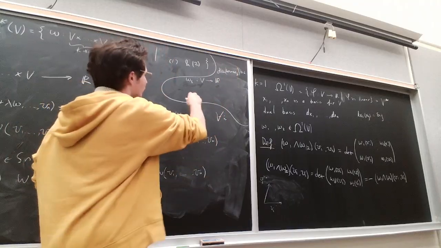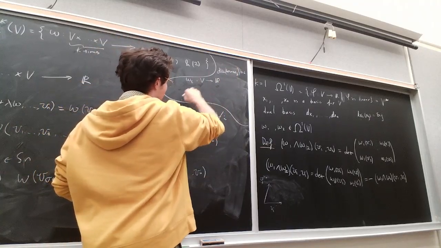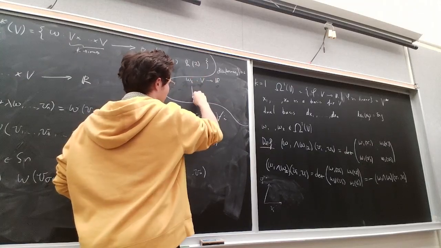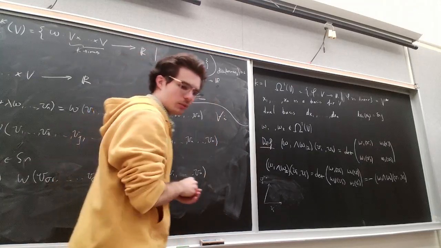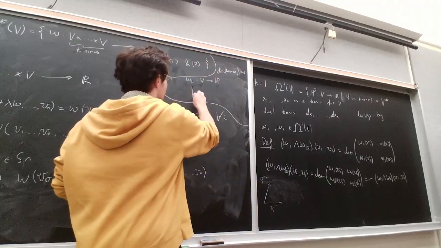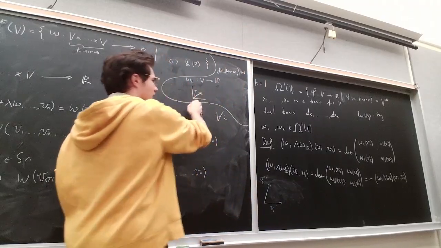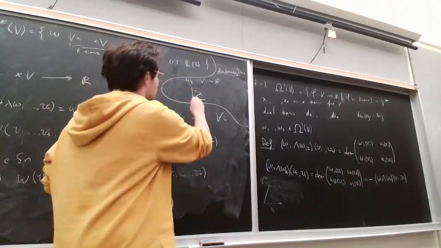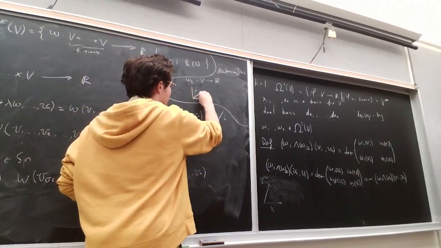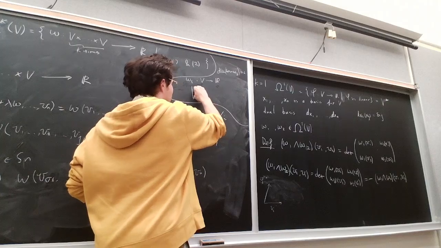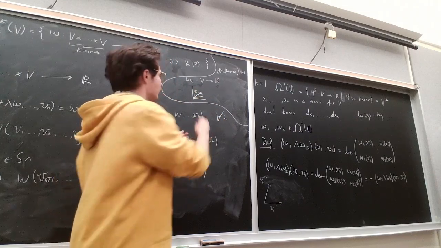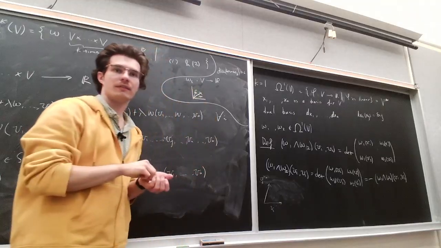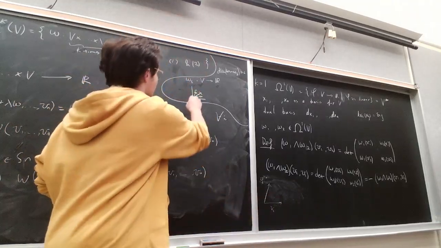Say in 3D, with omega 1 there is a certain preferred line direction, and what omega 1 does is it takes in some arbitrary vector, projects it onto this line, and then gives you the length of this vector along the line. This would be the output.